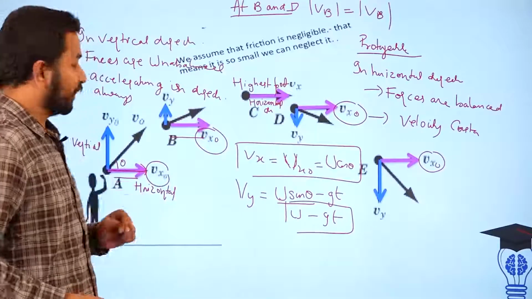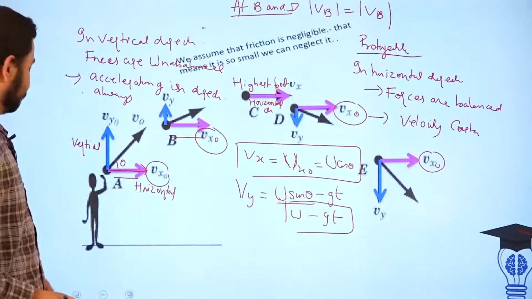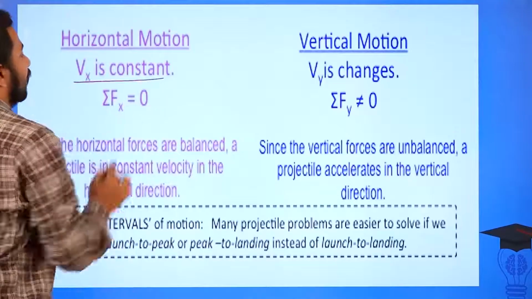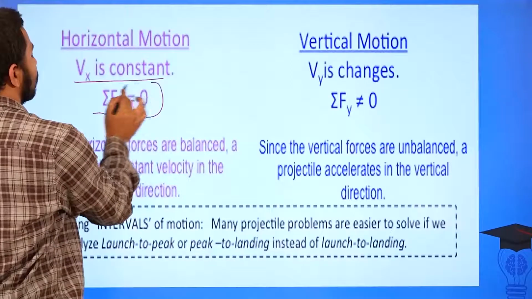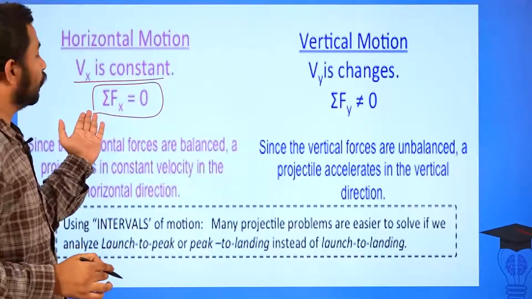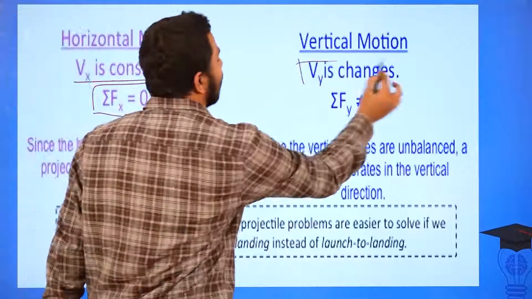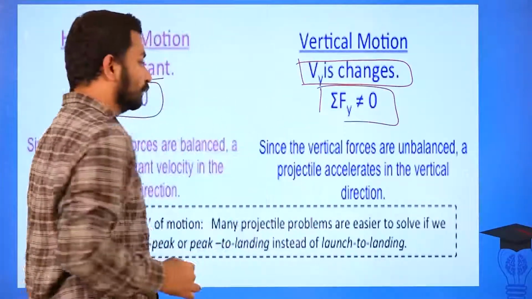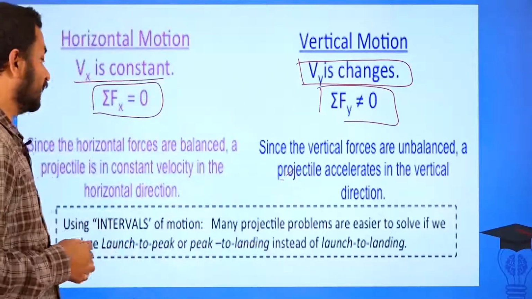C is the highest point, student. So what we concluded is that the velocity in horizontal direction is constant as there is no force acting in horizontal direction. In vertical direction, the velocity changes as there is unbalanced force.